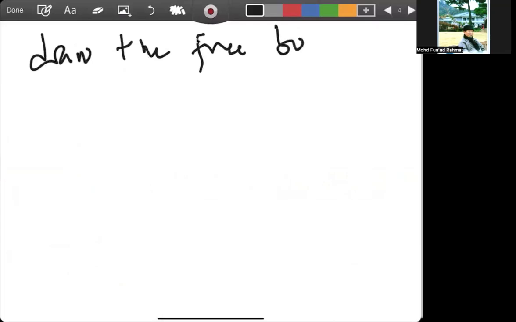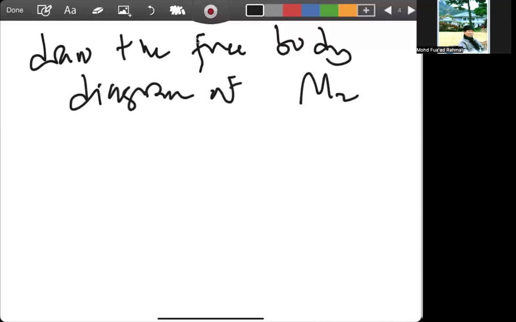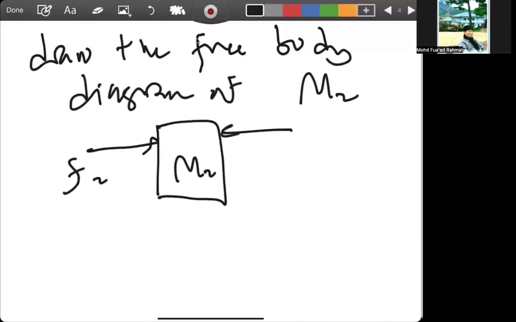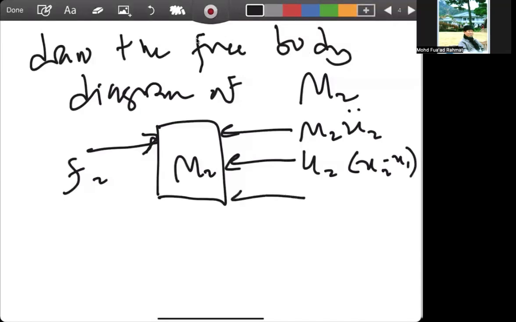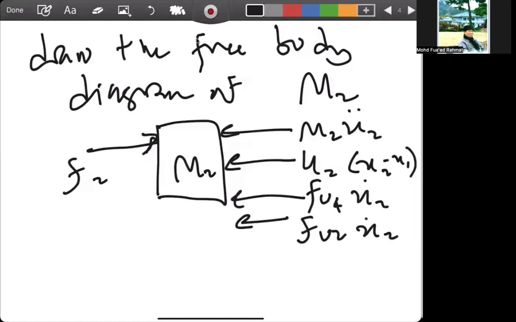Then the next one is you draw the free body diagram for M2. You have F2, M2 x2 double dot, then K2 spring times x2, and this one is FV4 x2 dot, and the last one is FV2, which is x2 dot as well.